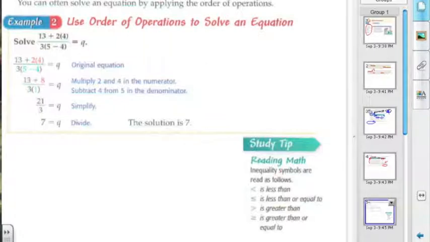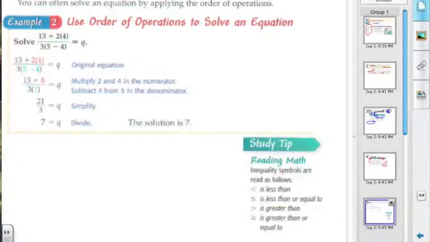Now we're going to use our order of operations again to solve for this equation. In the numerator, we have 13 plus 2 times 4, divided by 3 multiplied by 5 minus 4, and that is all equal to q.